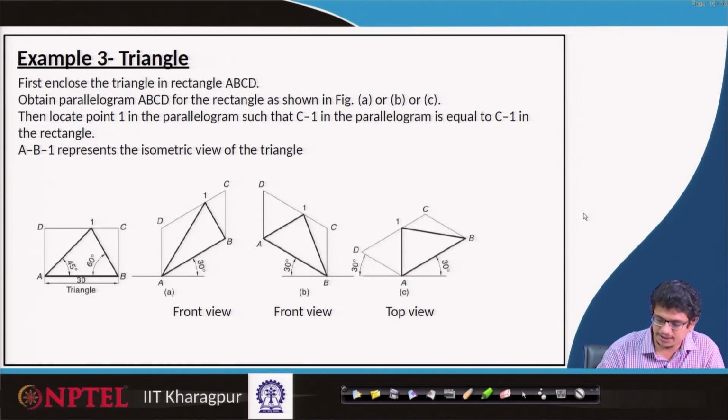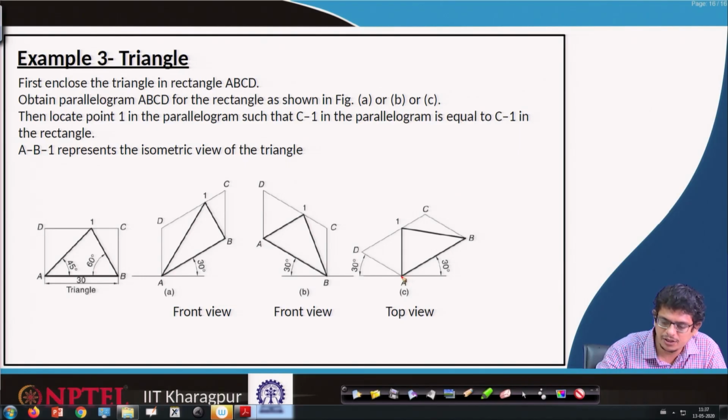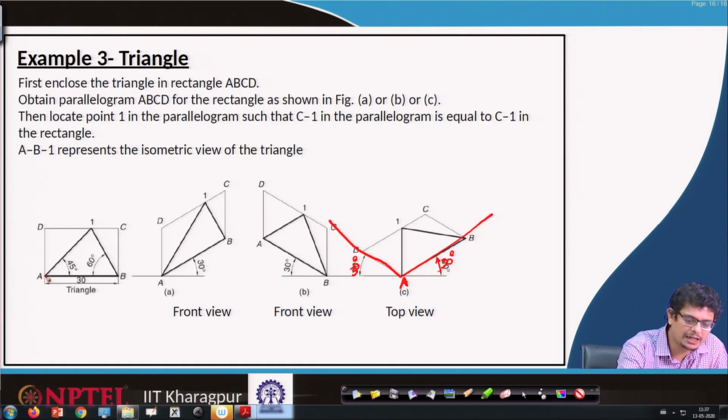So, let us look at that. First, we draw a 30 degrees line. Similarly, draw one more 30 degrees line. Name it A, transfer AD length. Similarly, transfer AB length on these planes.